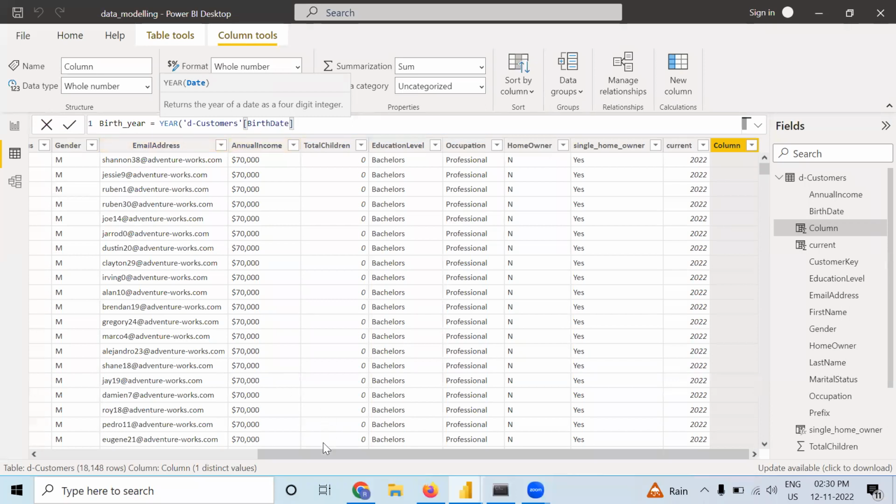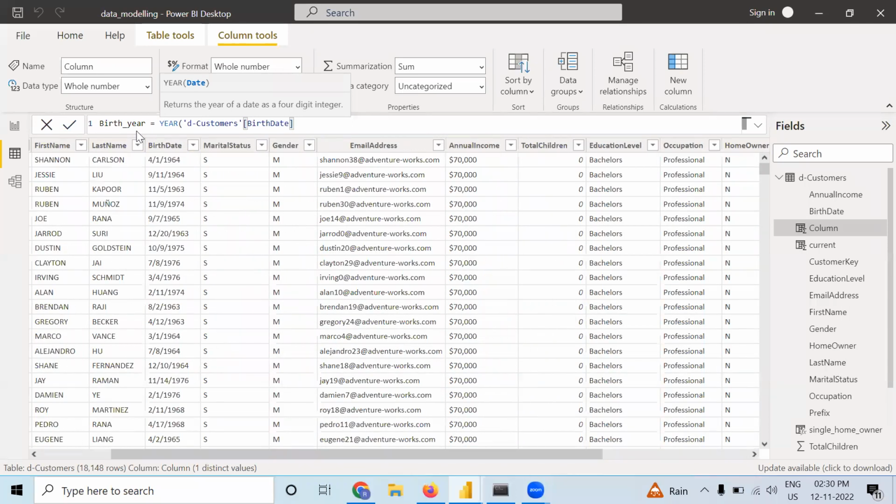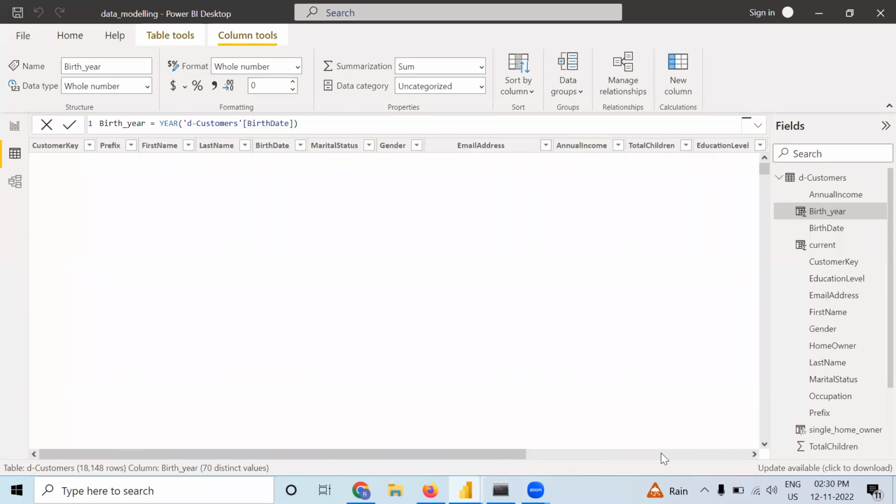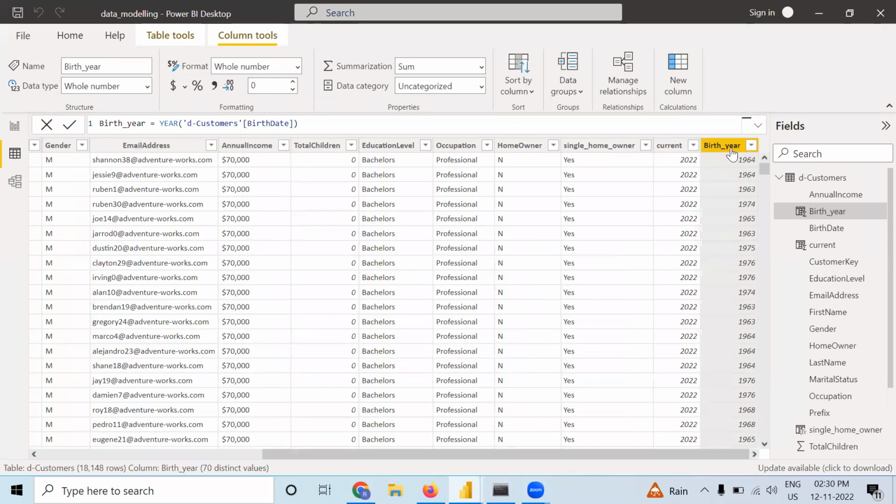This was our date of birth column, right? When you press enter, you can see in which year they were born. And when you subtract these two numbers, you can understand that person's age.